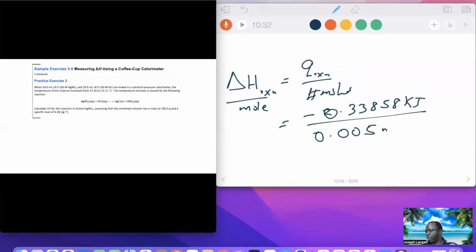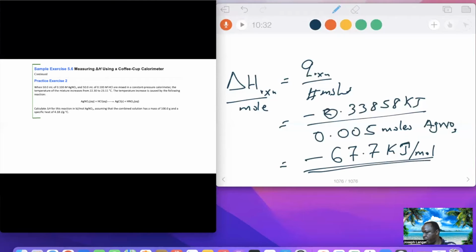This is moles of silver nitrate, AgNO3. I'm dividing by the number of moles, and it turns out to be negative 67.7 kilojoules per mole.